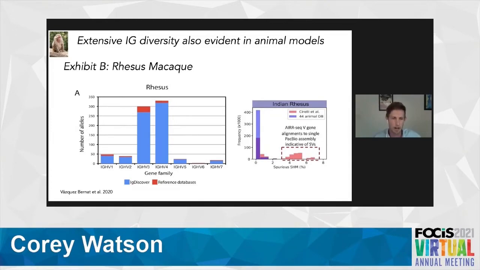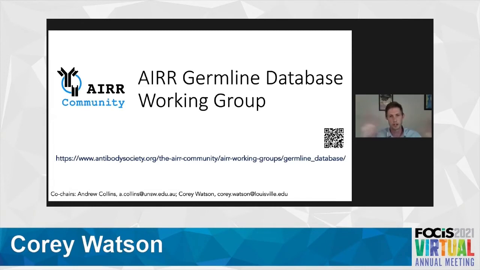And again, much like the mouse example I just gave, there are extensive numbers of alleles that are not currently cataloged in the databases we all use, and there's extensive variation between individuals. So with the human, mouse and macaque examples, this has really driven a lot of the work being done by the AIRR community in this respect.